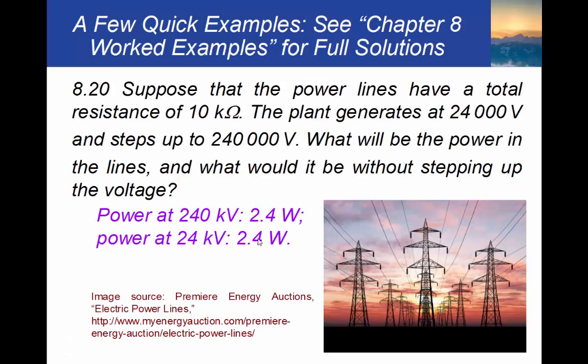So that means that your power at both should be 2.4 watts. Now with that said, the point of stepping up is that you lose less energy in transmission through these lines, and then you step back down to whatever voltage you're going to use at your destination, say 120 volts or what have you.